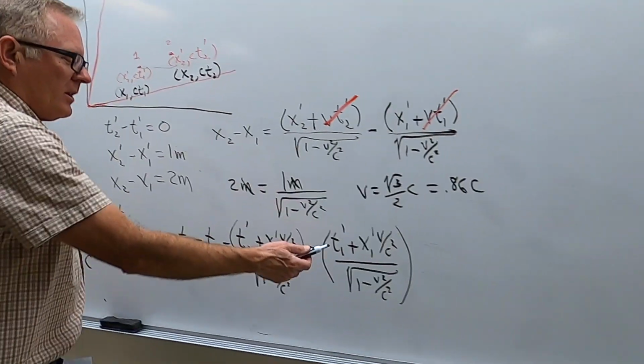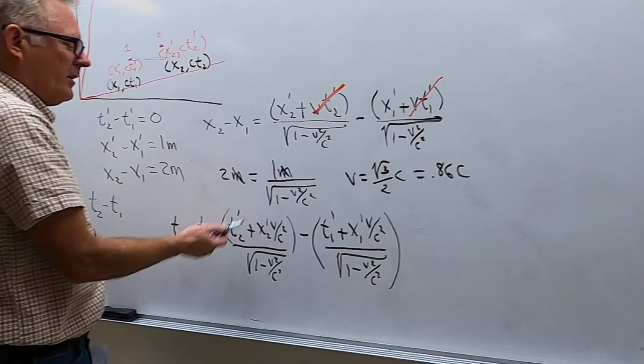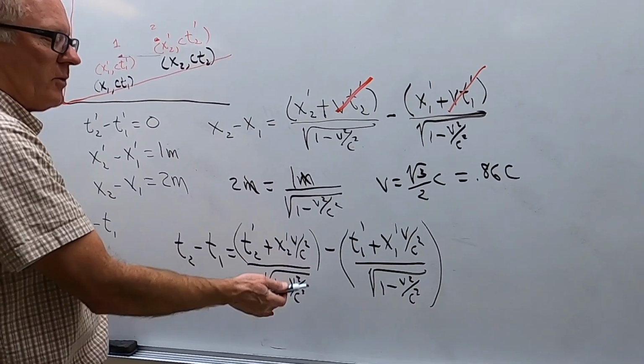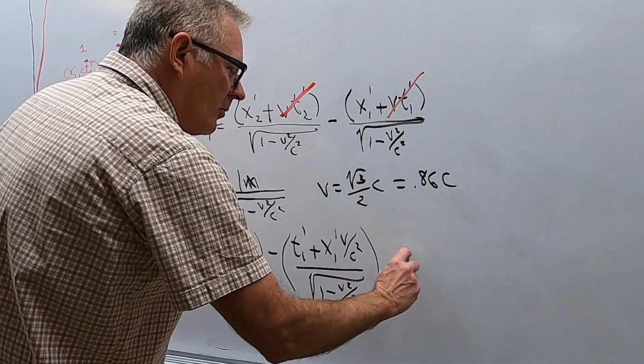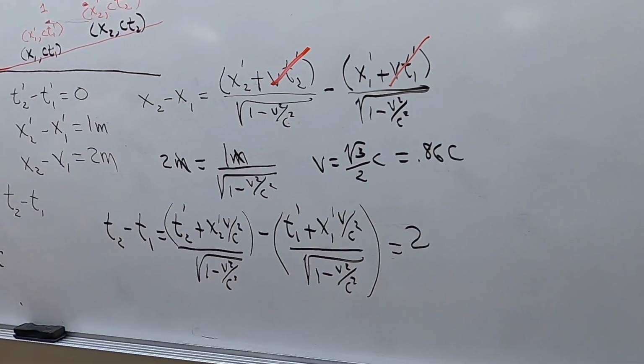We can pull out the common denominator, and we know that 1 over the square root of that is just 2 right here. So that whole denominator just brings me a 2 in the numerator.